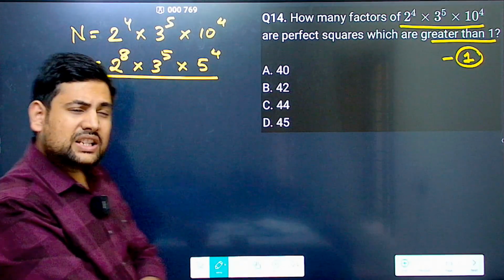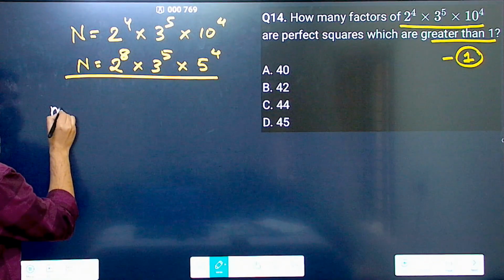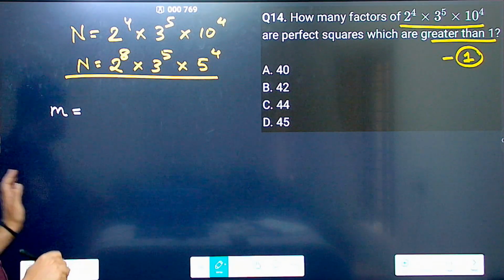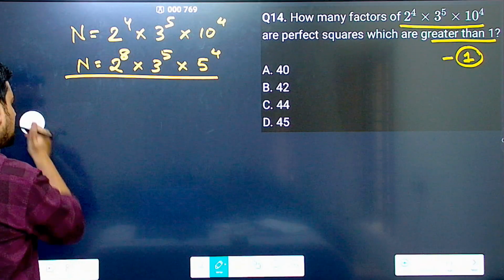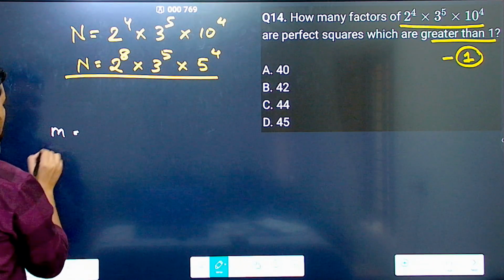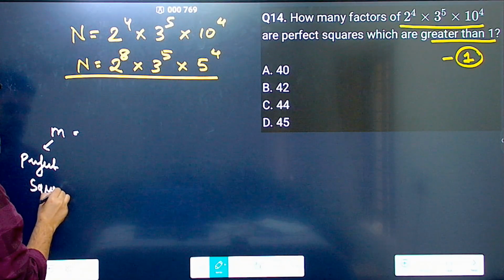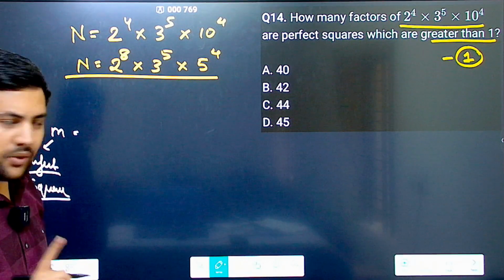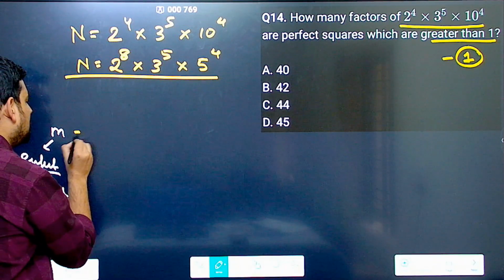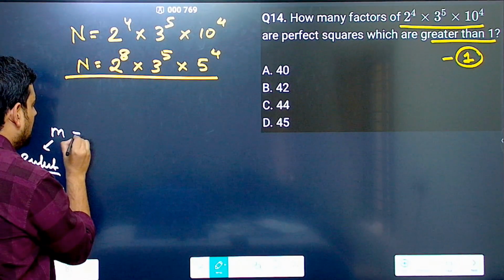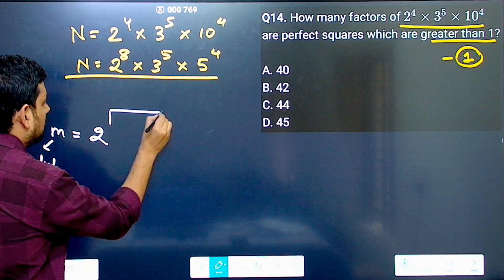Now its factor will look something like this. What can m be equal to? Observe this carefully. What are the possible values? I want m to be a perfect square. Now if I want m to be a perfect square, what can be the powers of 2?